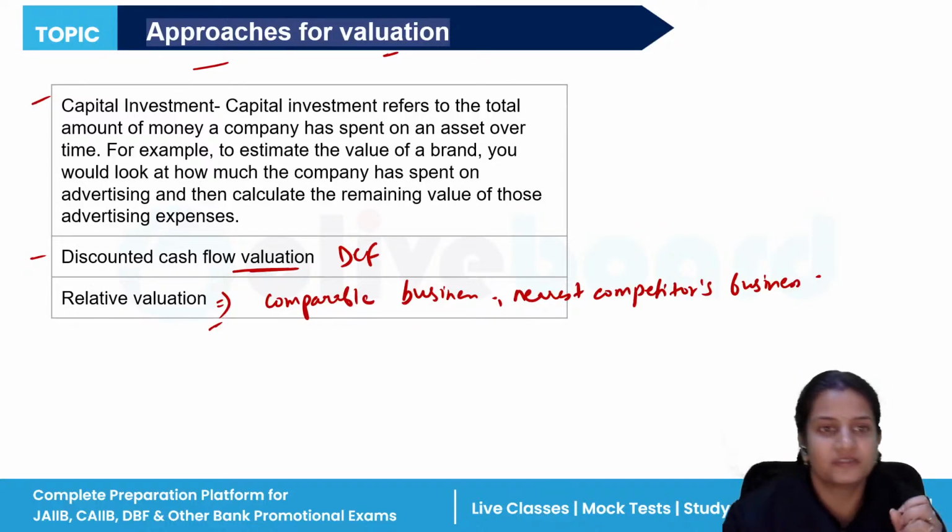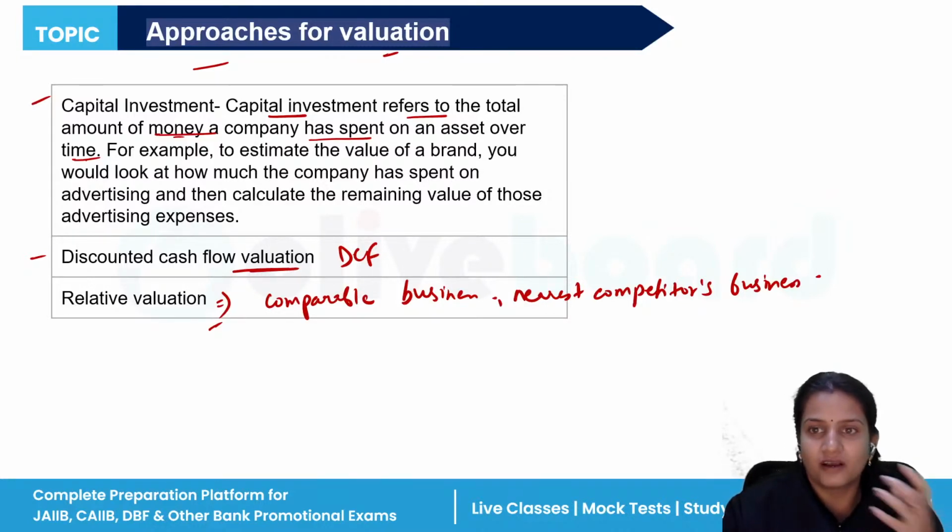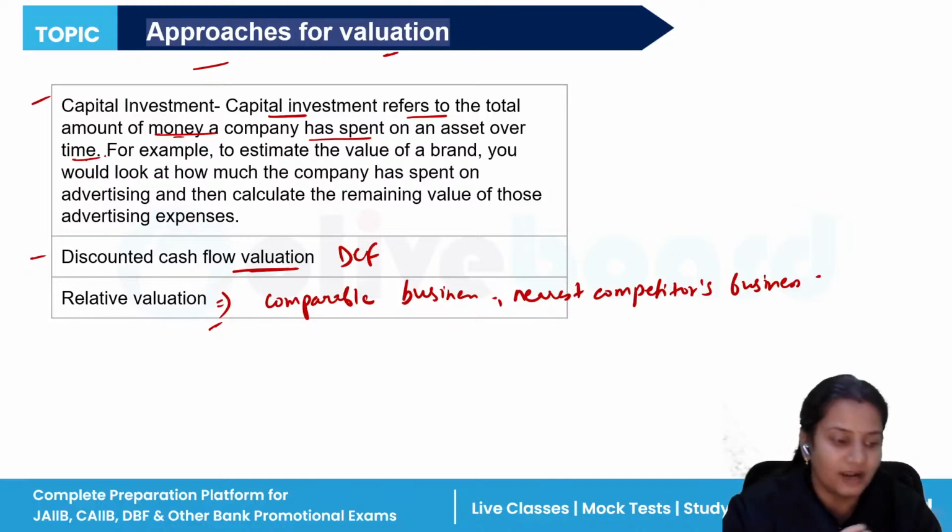Now, what is capital investment? Capital investment refers to the total amount of money a company has spent on an asset over time. See, any business organization consists of its assets, so definitely they have tangible assets and intangible assets. If the company spends any money on repairing assets, on the purchase of assets, on maintenance of such assets, that is a type of investment.